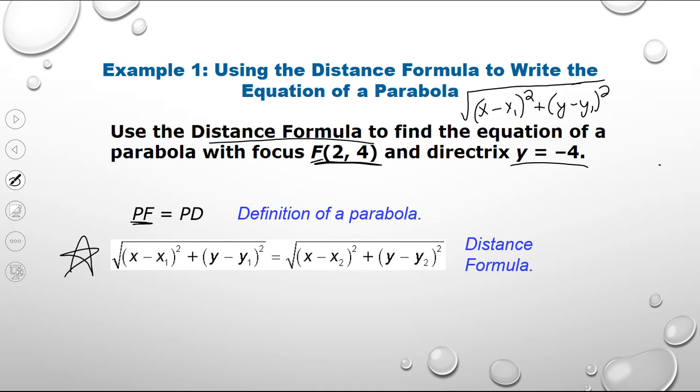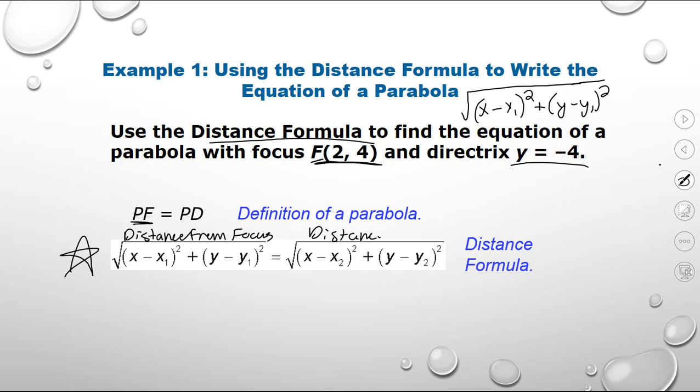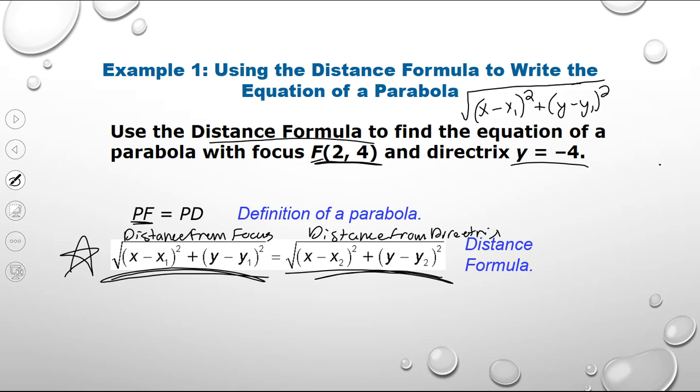Okay, so make sure you note that. Again, we're setting it up this way because we're going to call this the distance from the focus, and this is going to be our distance from the directrix. And again, we're doing this because we know that the distance from the directrix is supposed to be the same as the distance from the focus for every single point on the parabola.